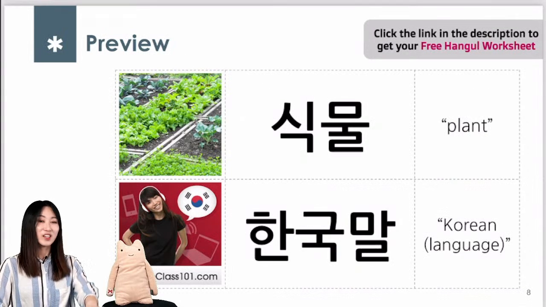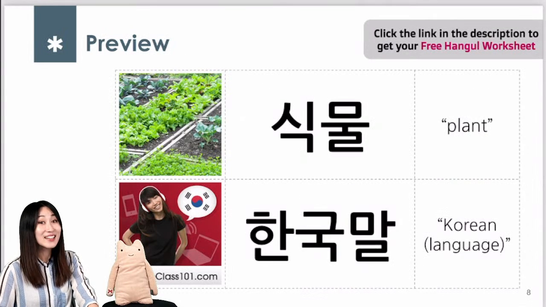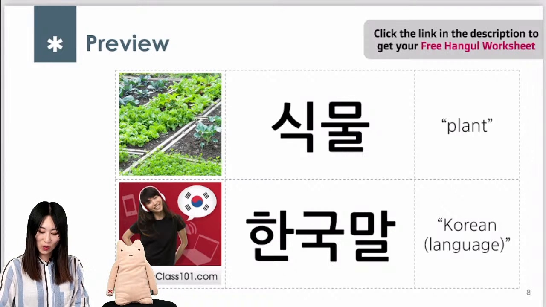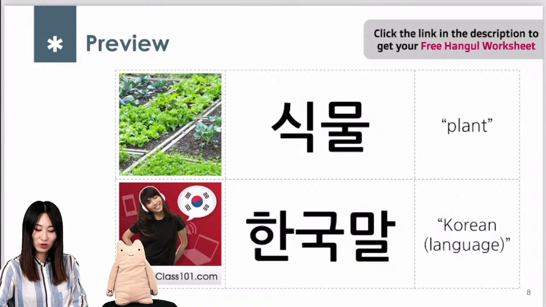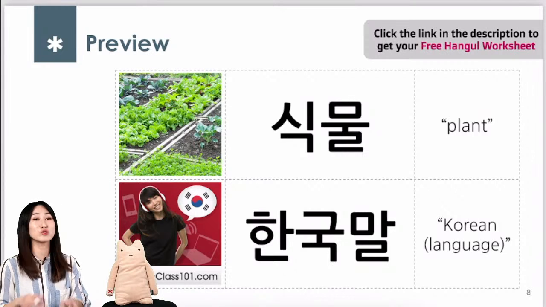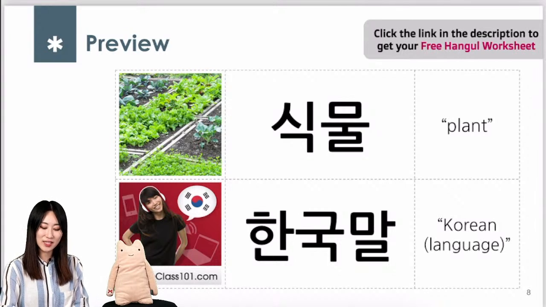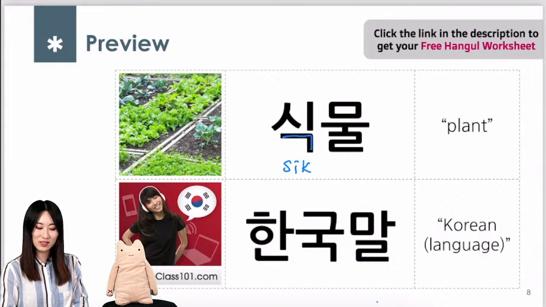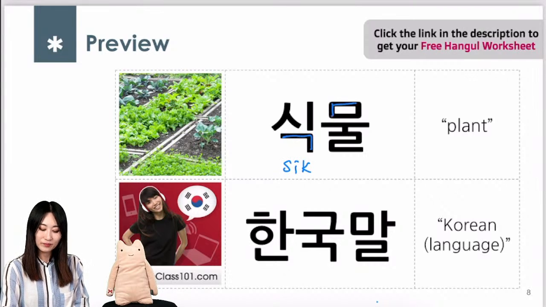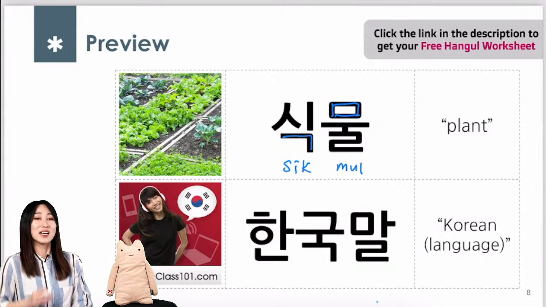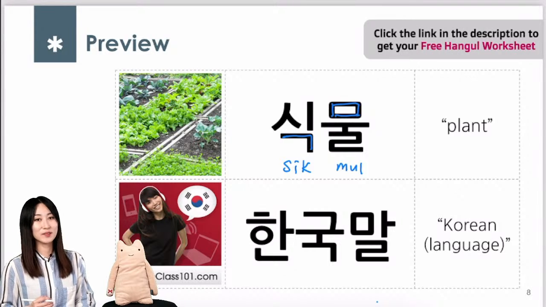Okay, so here's another example. Let's practice. Imagine you are a super beginner Korean learner who hasn't learned the Batchim rules. They say 식. The pronunciation of this is 식, and this is 물. So plant in Korean is 식물, right? Nope.